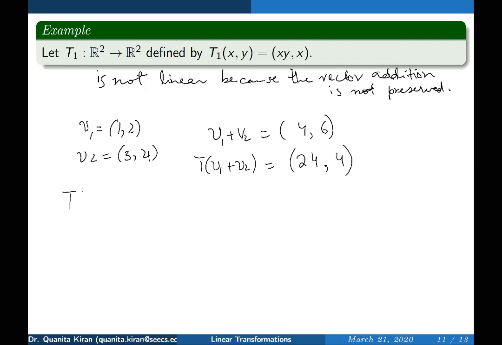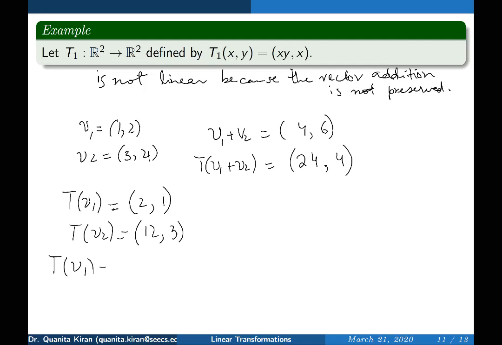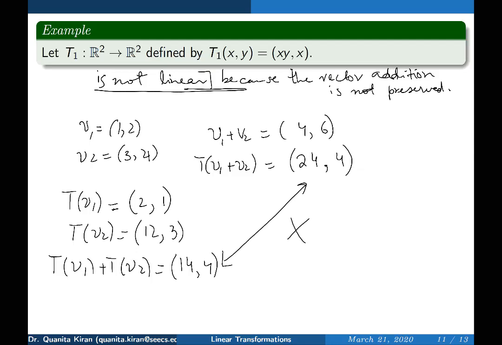If we take the images of v1, it is (2, 1), and T of v2 is (12, 3). So T of v1 plus T of v2 is equal to (14, 4). If we compare these two, they are not equal. So it does not preserve vector addition and hence it is not linear.